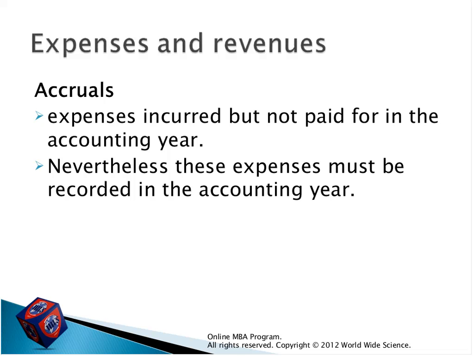For example, when you work on a fixed salary and the accountant prepares the income statement at the end of December, but hasn't paid the staff's salary for December, the expense is already incurred. It must be paid. But in some situations, for example with no cash money or something else, they will pay the December salary in January. This is a simple thing that happens in companies every time and every year.